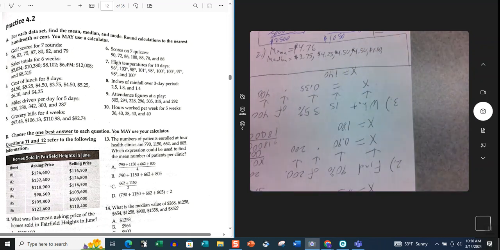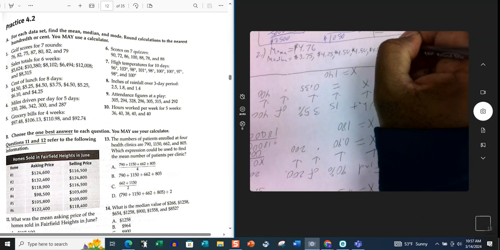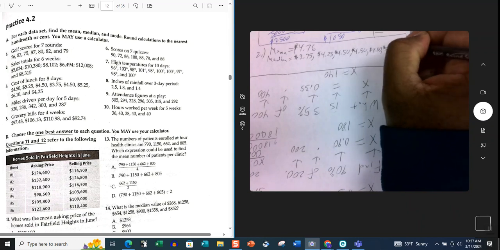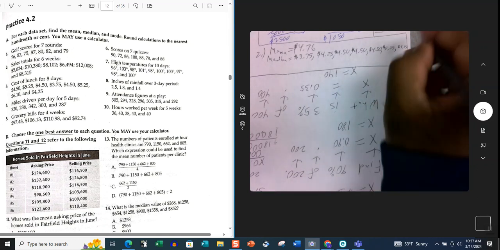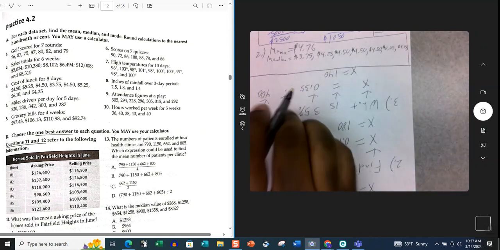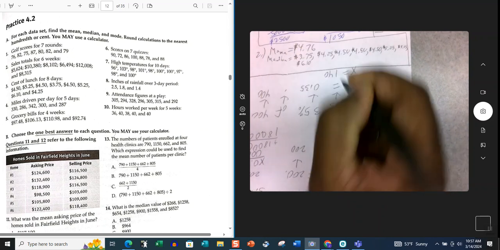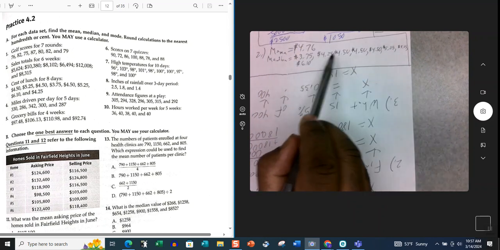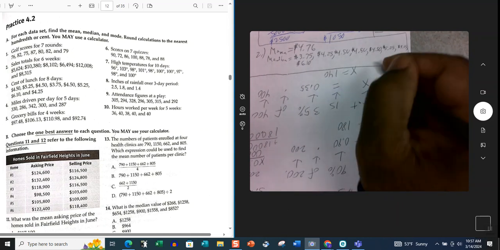And then after the $4.50, we come across $5.25 twice. And then finally, we add $6.10. Now, there's 1, 2, 3, 4, 5, 6, 7, 8. So there's 8 values here.